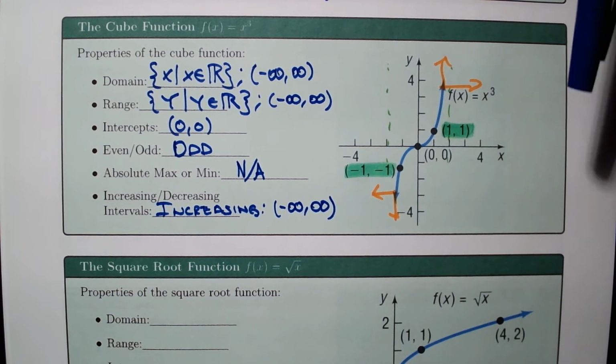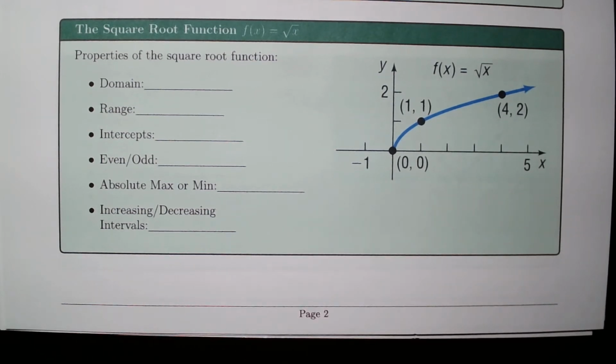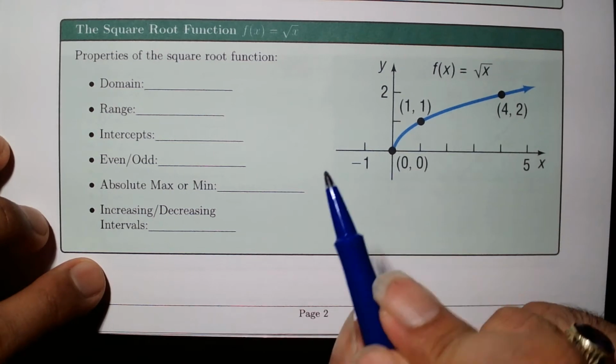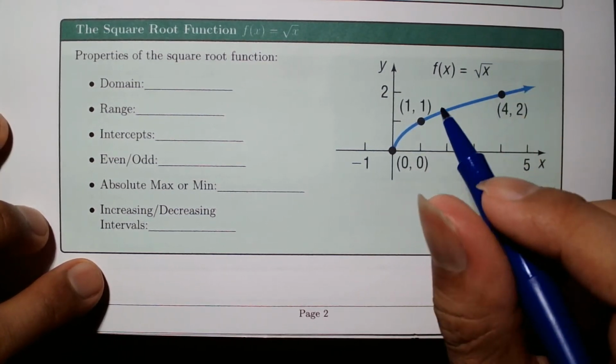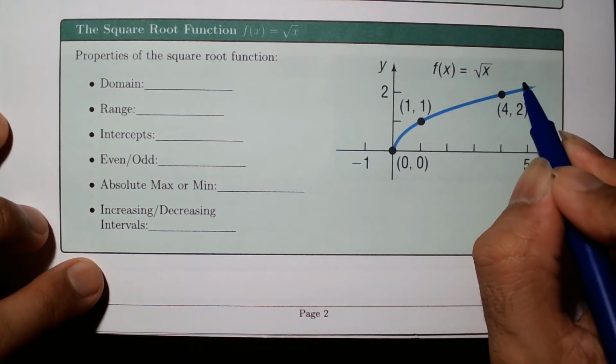Alright, let's look at the next function, the square root function, which looks like this. Okay, f of x equals the square root of x. So we're going to do the same trick to find the domain and range.